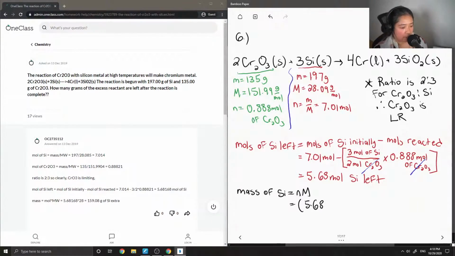So we know it's 5.68 moles. The molar mass of silica is 28.09 grams per mole that I wrote up there. So the mass left over is 159.08 grams.